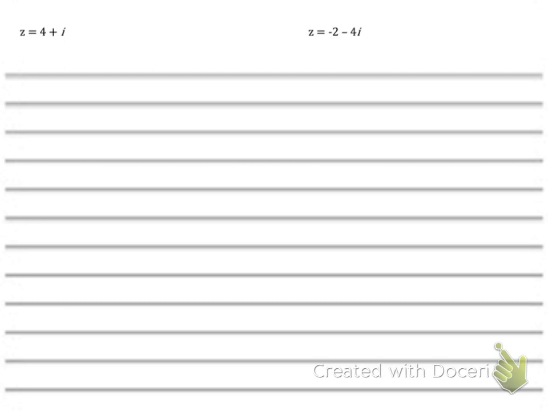And let's do the quadrant 3 guy. So finding my r value first, r squared is going to be 4 plus 16. So r is the square root of 20.